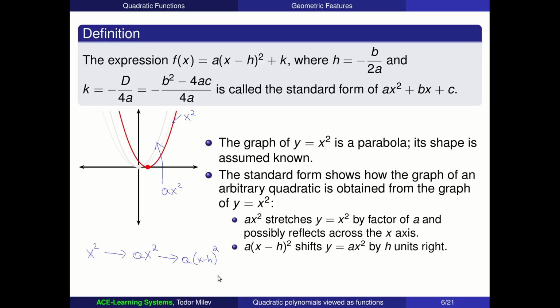As we know from previous discussions, replacing in a function its argument by argument minus a given quantity corresponds to translating the graph of that function by the quantity that you see here. So if I have replaced x with x minus h, I have translated the graph of my function h units.